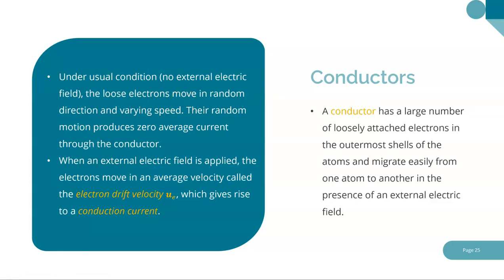Their random motion produces zero average current through the conductor. When an external electric field is applied, the electrons move with an average velocity called the electron drift velocity, which gives rise to a conduction current.